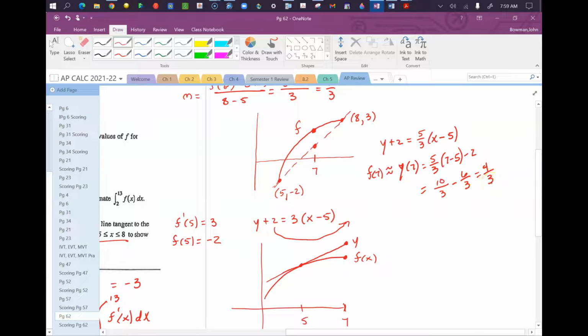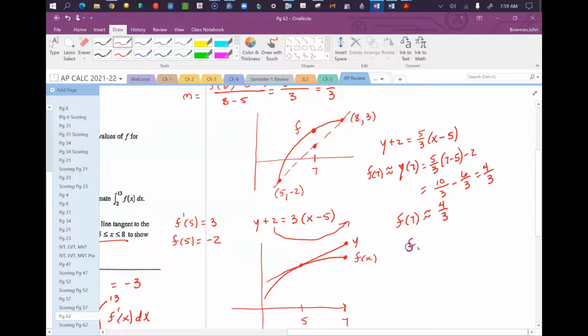And you can see from my picture that f of 7 approximately equal to 4/3 is an underestimate because the function f is concave down on that interval.